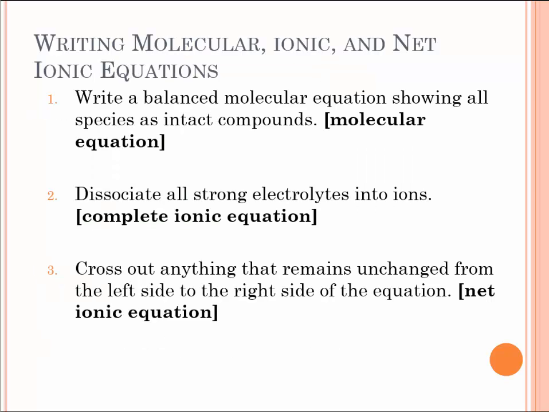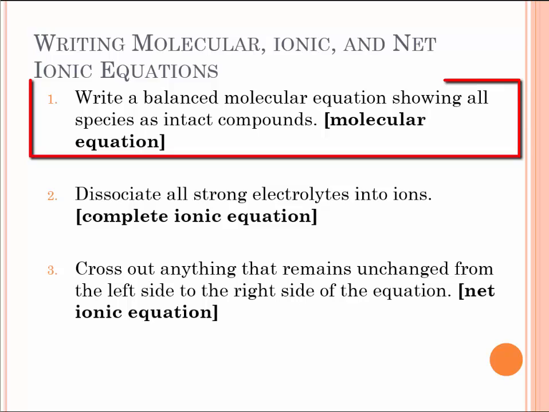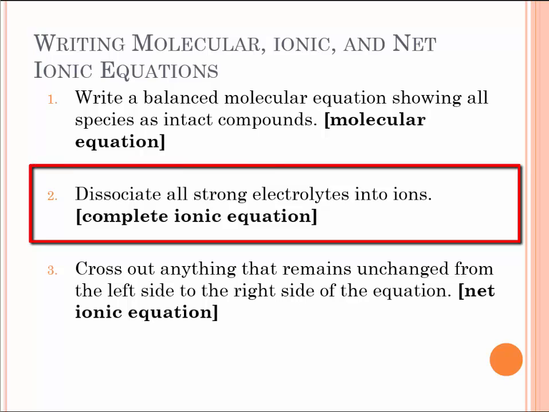So how do you write molecular, ionic, and net ionic equations? First, you do have to get to a molecular equation. This means you write the reactants, the best predicted products, you balance it, and everything is shown as an intact compound. That's called a molecular or formula unit equation. Then you dissociate all strong electrolytes into ions. These would be all the water-soluble ionic compounds.